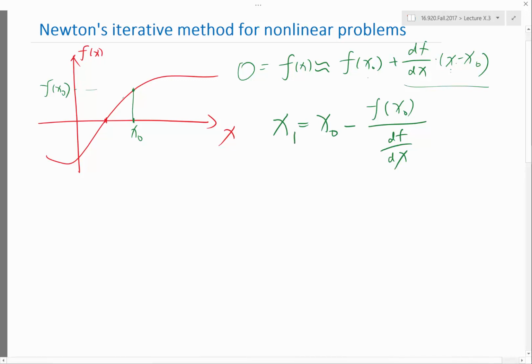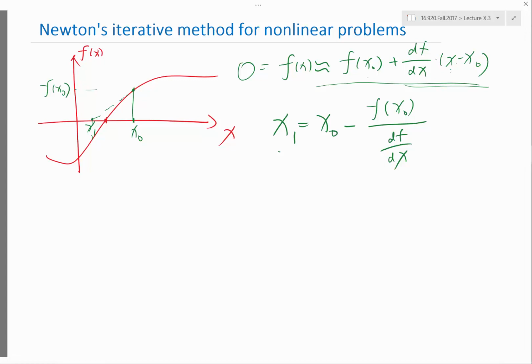This is my next best guess of where the solution is. And the good thing is, the closer I get to the true solution, the more accurate this Taylor series is. The residual is proportional to delta x squared.